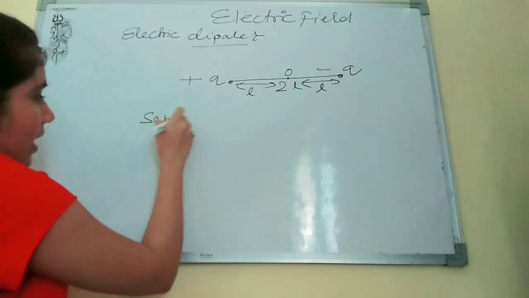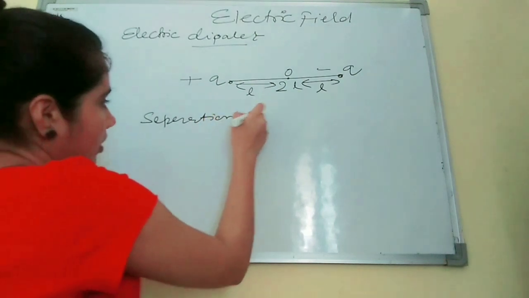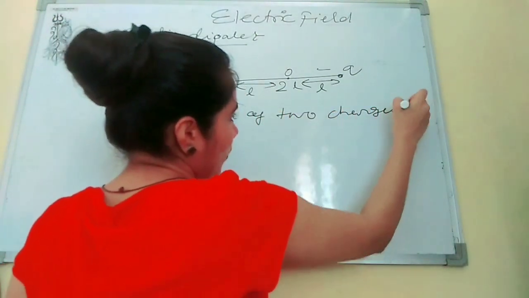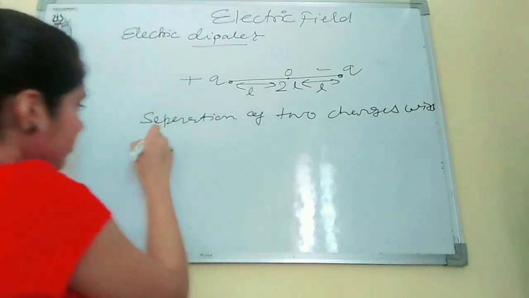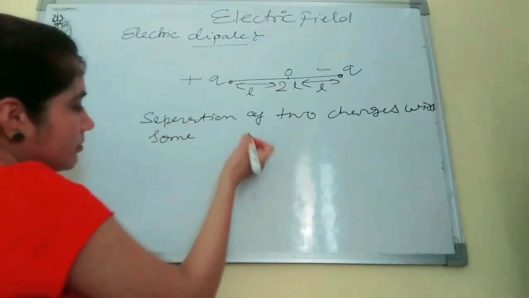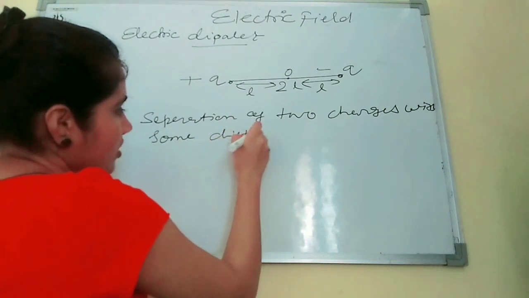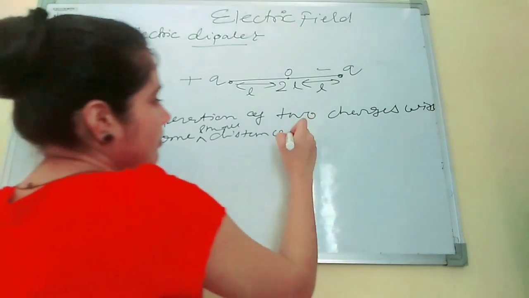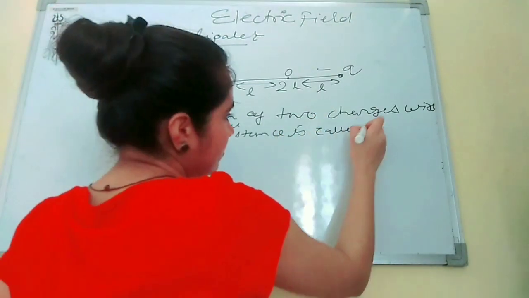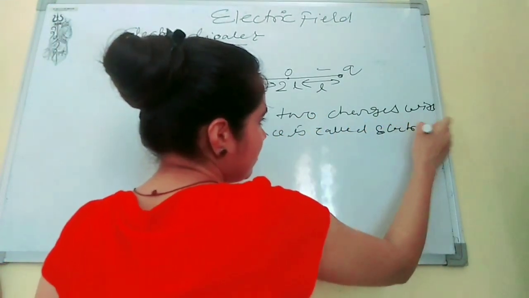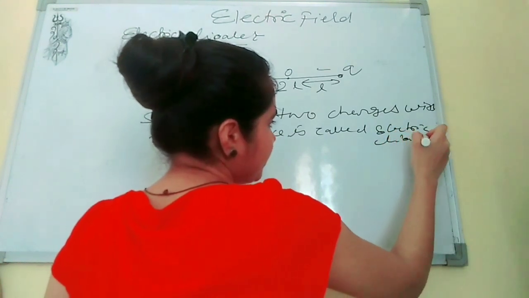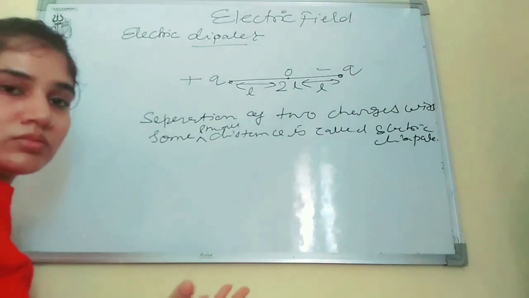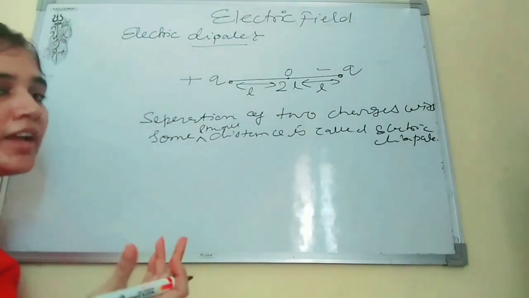So we can say, separation of two charges with some small distance is called an electric dipole.